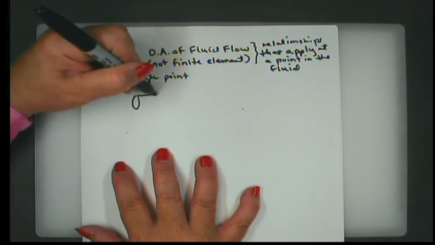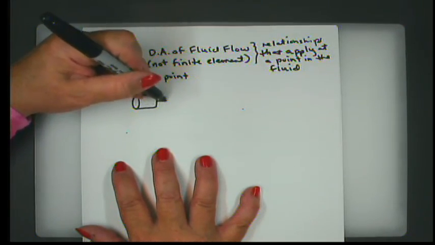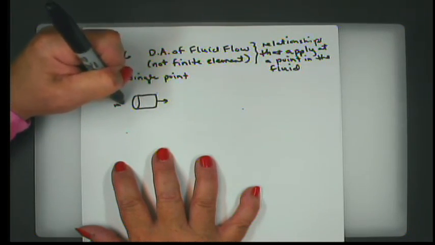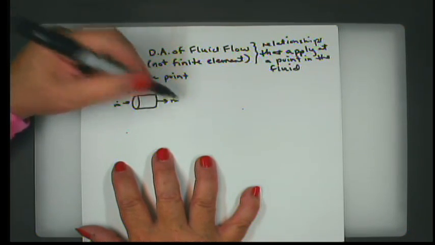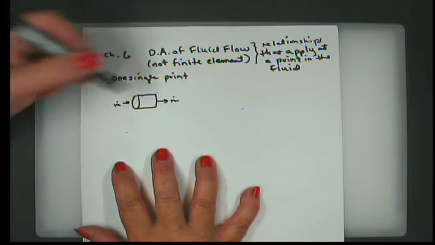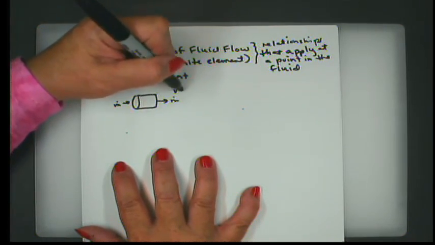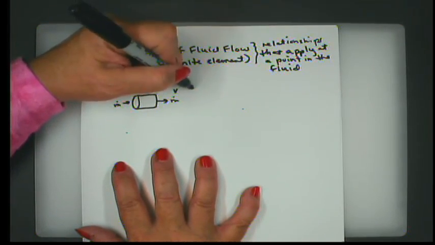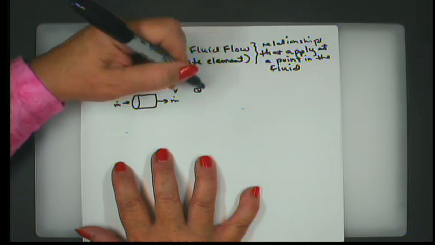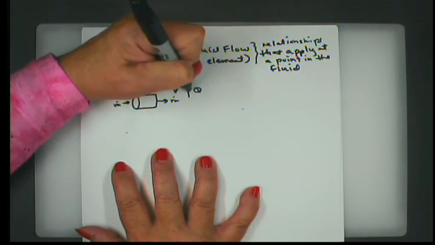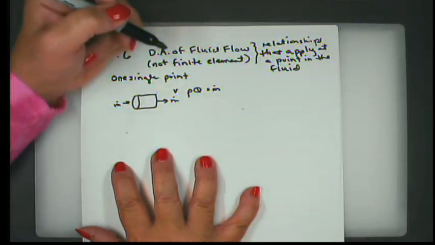let's just talk about velocity. If we had a pipe flow and we had a mass flow rate going in and mass flow rate going out, we might talk about the velocity because we know that Q, which is volumetric flow rate, times rho is equal to mass flow rate.